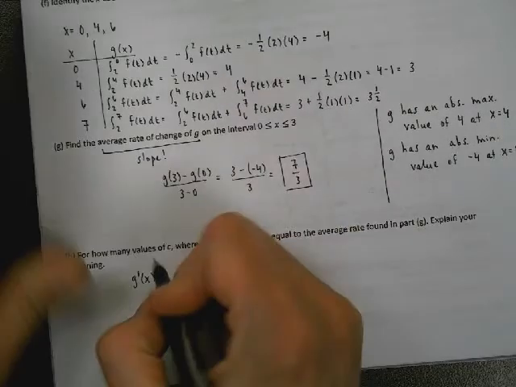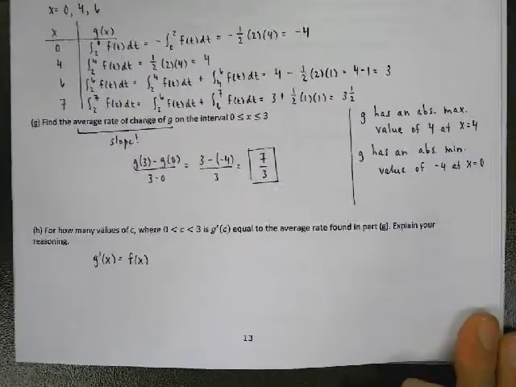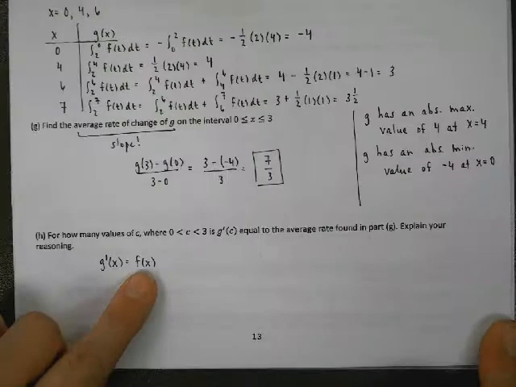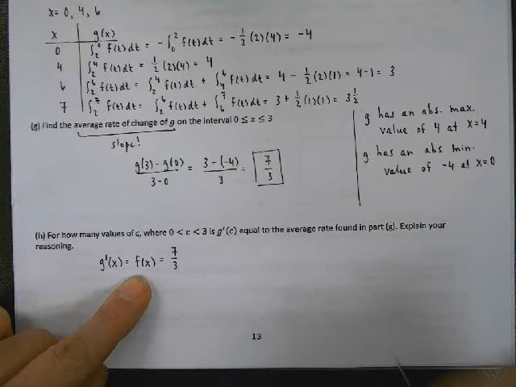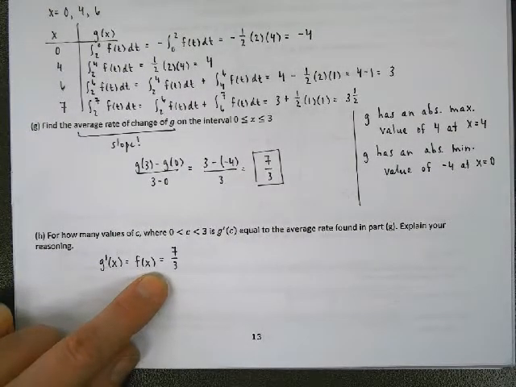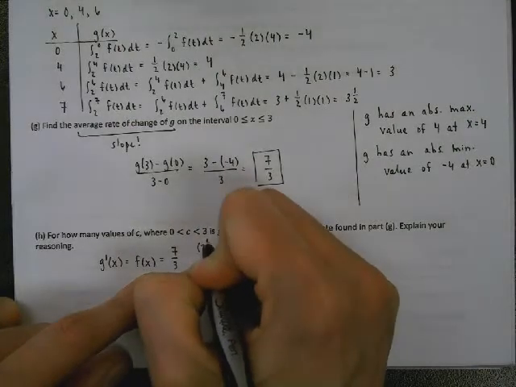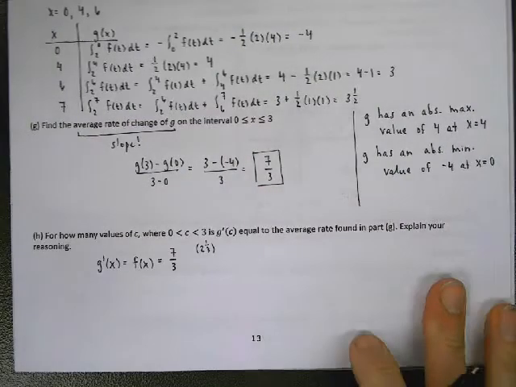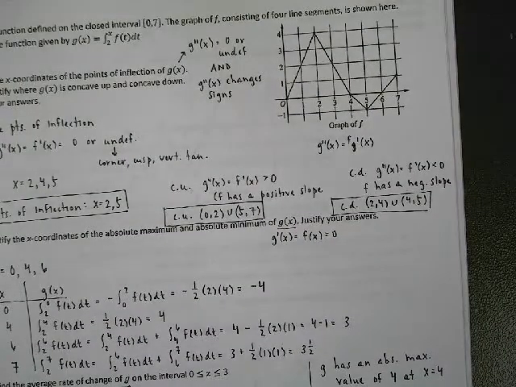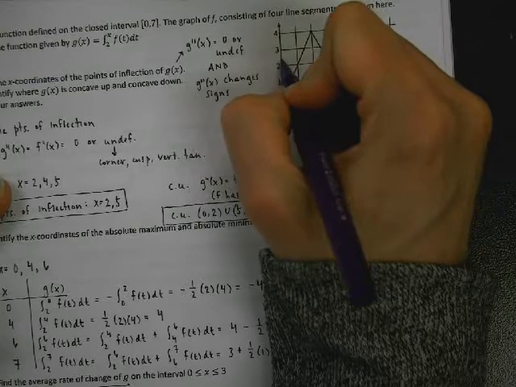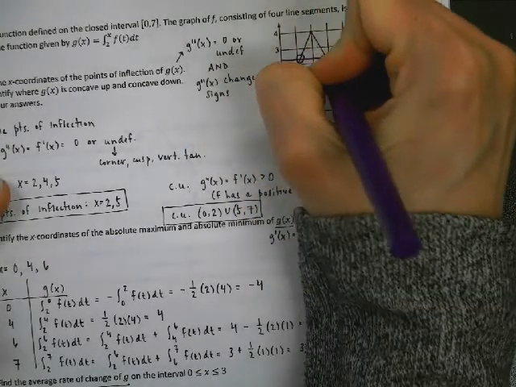So what I really want to know is how many times is f of x equal to 7/3? So just keeping in mind, I know that's 2 1/3, so a little more than 2. So I'm going to go back up here. Now I know that's a y value, so 2 1/3 is about here. And if I draw that in, I notice that I intersect that graph 2 times.